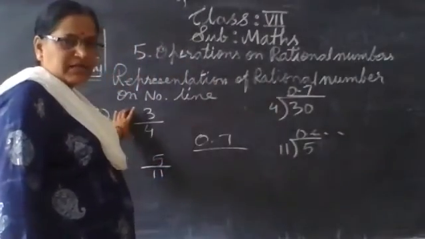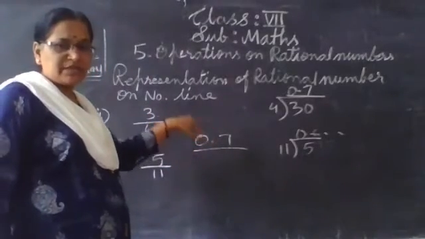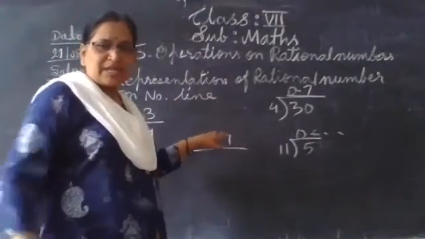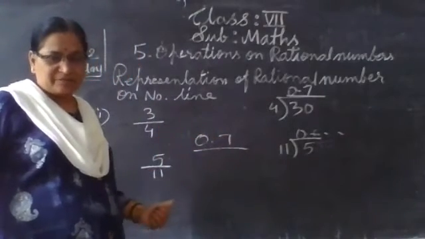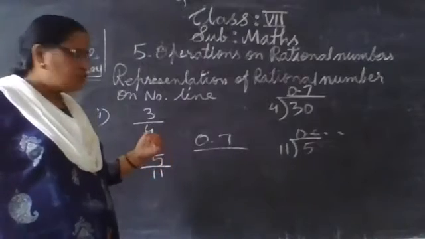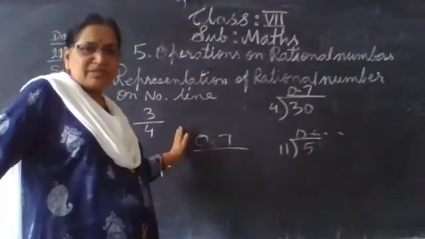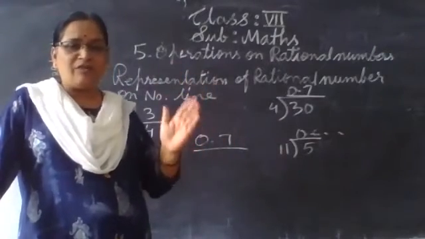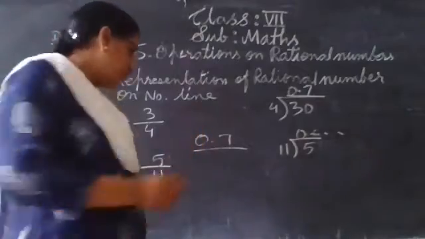This number is greater than 0. See, 0 point something. So it has whole number 0 and some fraction. That means it is greater than 0 but less than 1. So you always remember this thing, proper fractions means proper rational number always lies between 0 and 1. Why? Because they are greater than 0 but less than 1. Got it, beta?